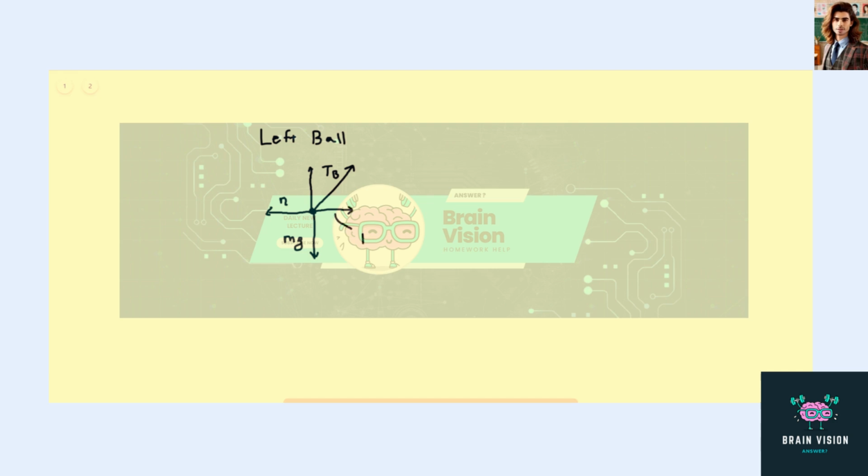So this would be Tb sine phi, because remember, this angle here is the angle phi. And that means the vertical component is Tb cosine phi. So that's the force diagram there.